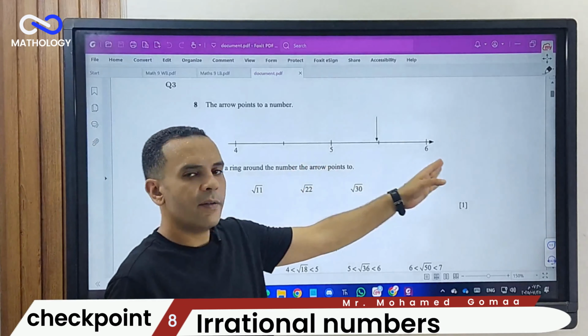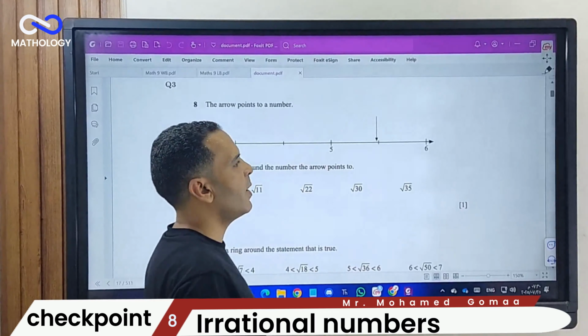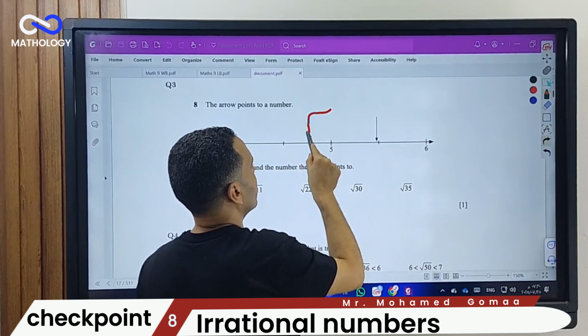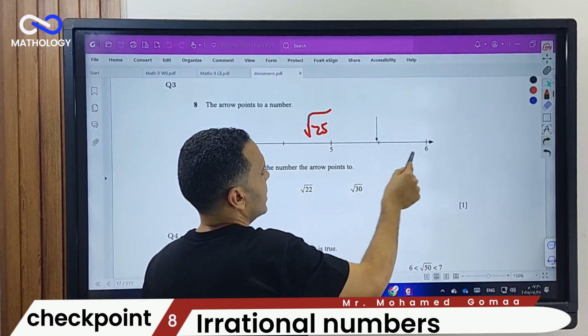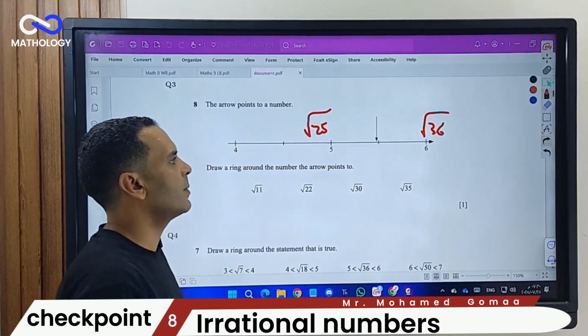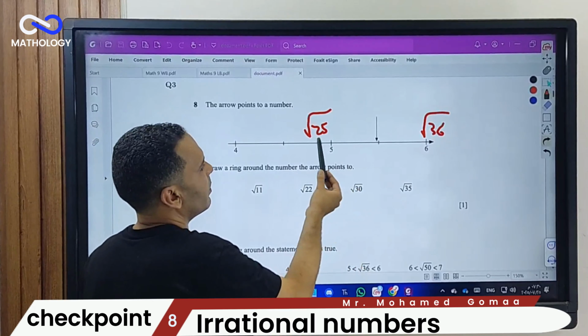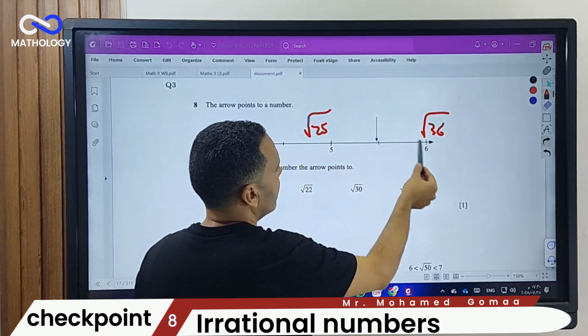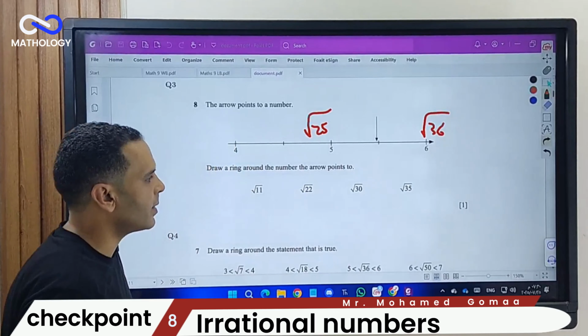A number between 5 and 6. Okay? 5 is the square root of what number? The square root of 25. 6 is the square root of what number? The square root of 36. So this number will be greater than the square root of 25 but smaller than the square root of 36.